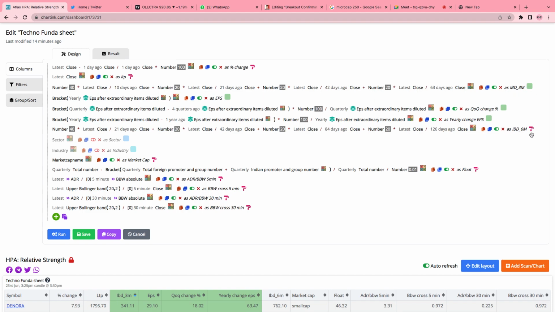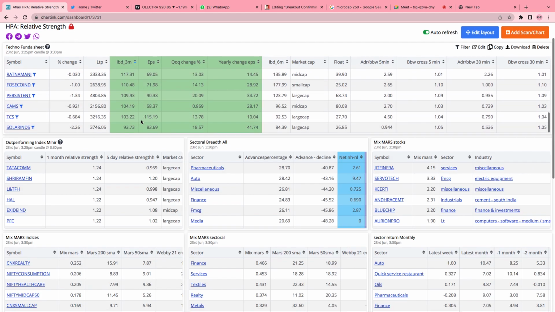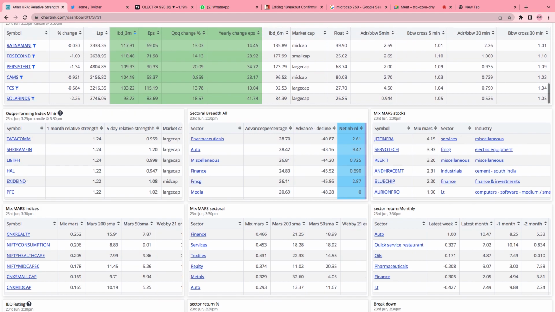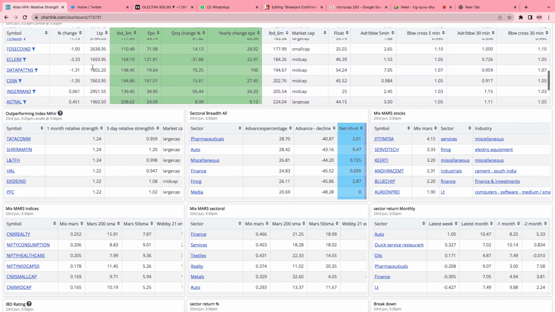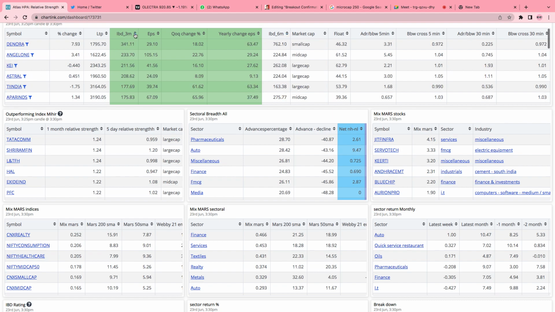Similarly, in 6 month relative strength you will also have 20% weightage to the last 6 month relative strength. So like that, IBD gives you these names, and you will see that in the last 6 months or so, the highest performing names are Dinora, Apar, KEI, Angel One, and similar names are also doing well in 3 months.